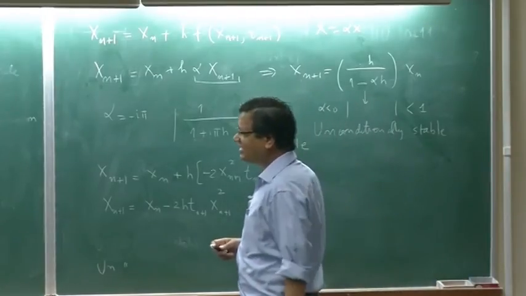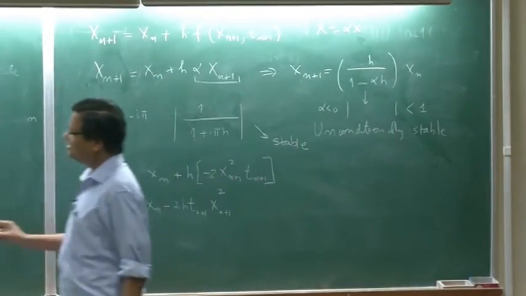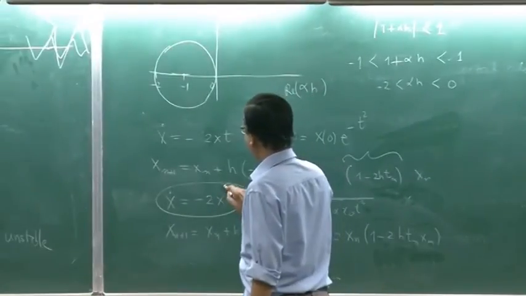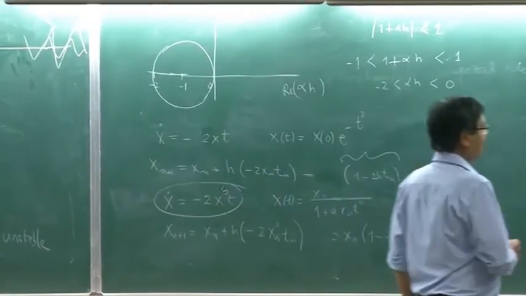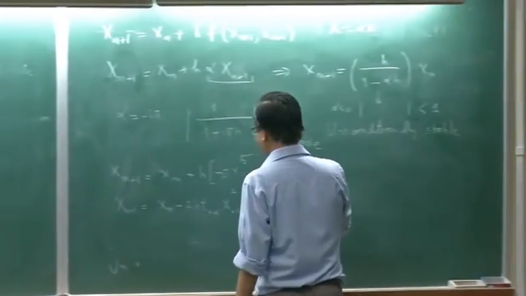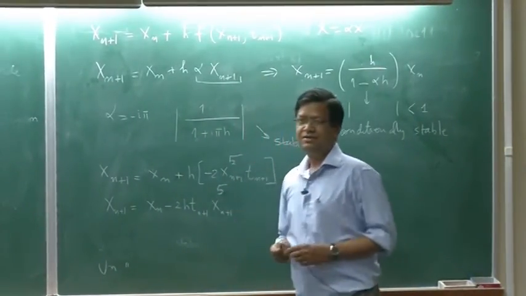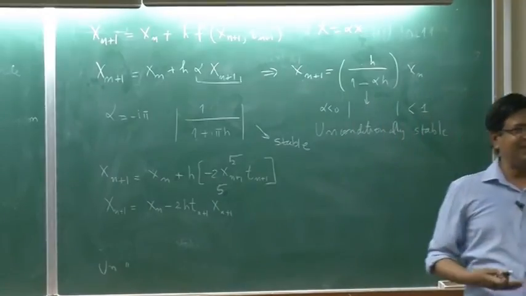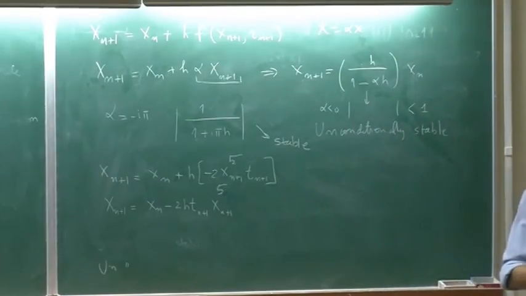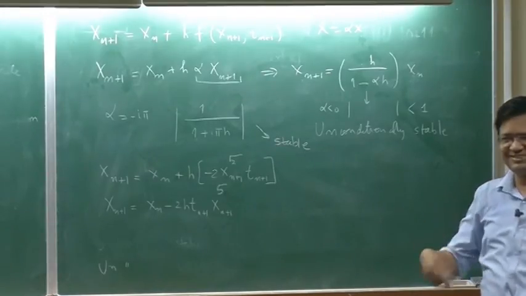I can be a bit nasty and say, well, what about changing this to x to the power 5? Then what do I do? Then I really don't know how to do it analytically. But then I can apply an iterative scheme, which is one of the exam questions. Actually, the exam question was not that difficult. The exam was just iteration.